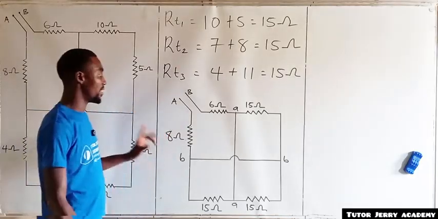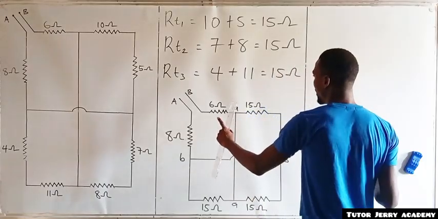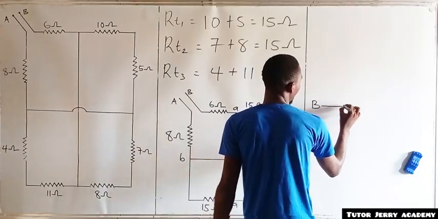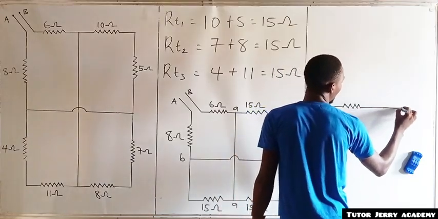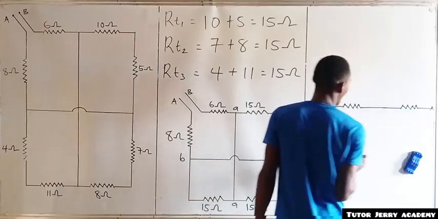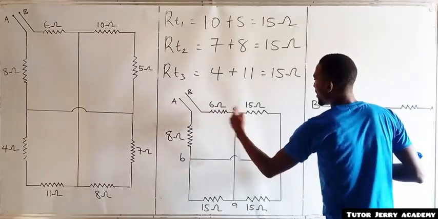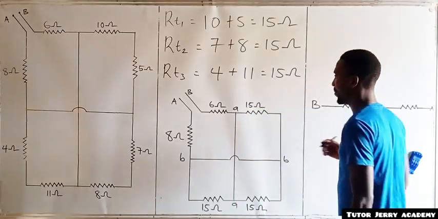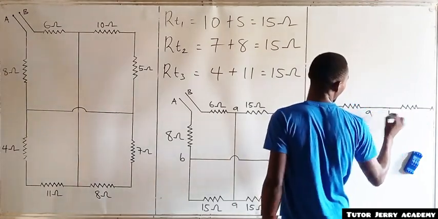For us to solve for the equivalent resistance now, we are going to need to redraw the circuit for better understanding. So let's start with B. Let's say this is our A here, this is B, this is A, and this is B. So let's call this point here A, and A, B, A, B, and let's call this point here B. Exactly.